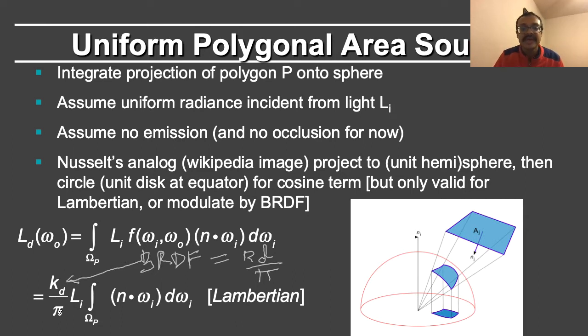Recall that when I discussed irradiance, I said the maximum value for a Lambertian BRDF is 1 over pi. So Kd is the diffuse albedo, and it is in the range of 0 to 1. Li is a constant, so I can pull it out of the integral, and so for Lambertian BRDFs, I just have this cosine term inside the integral.